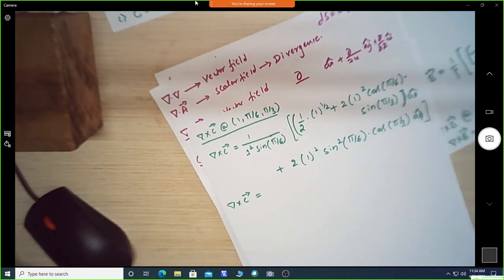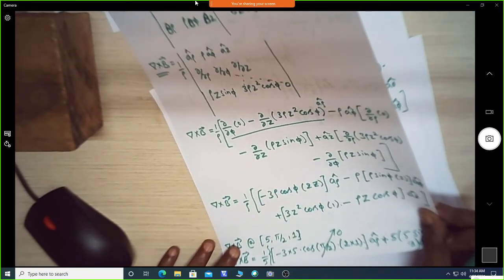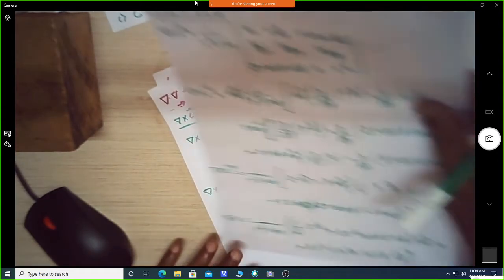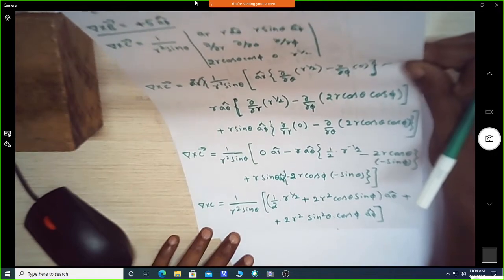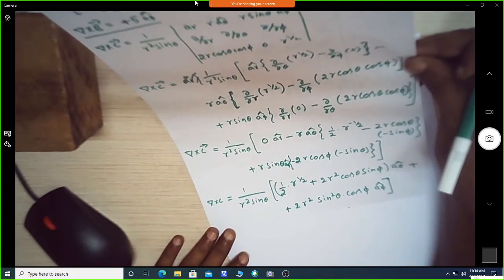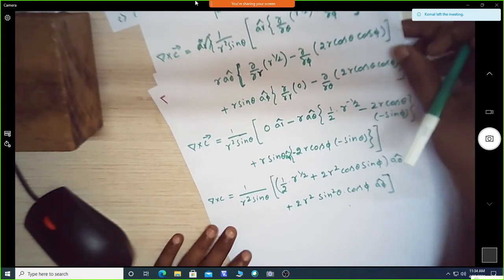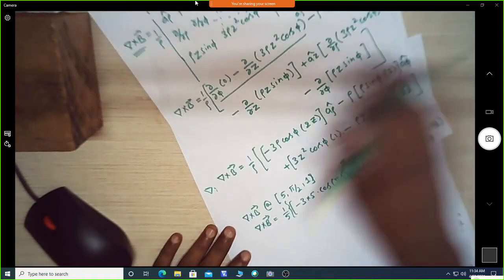So what are the values you got? What is the value?